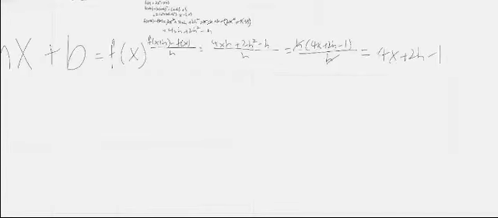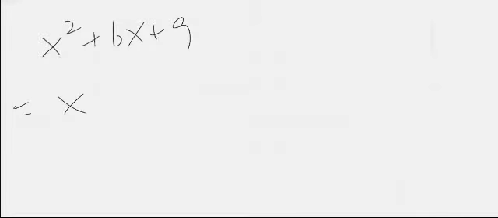Okay, so next let's talk about the very important part of calculus, which is called factorization. Factorization has many different kinds. The first very simple kind is just x squared plus 6x plus 9. This one will be factored into (x plus 3) squared.